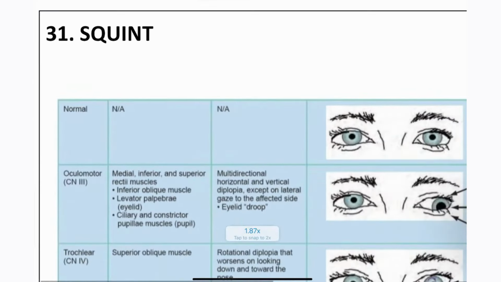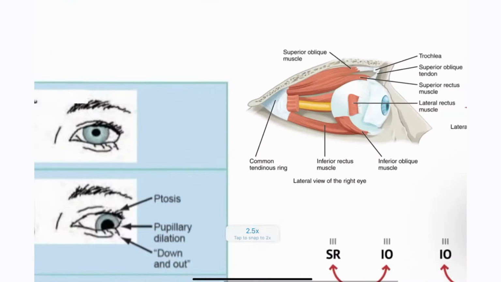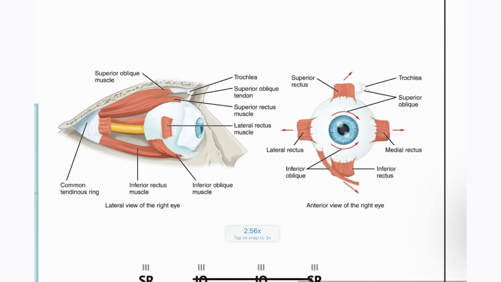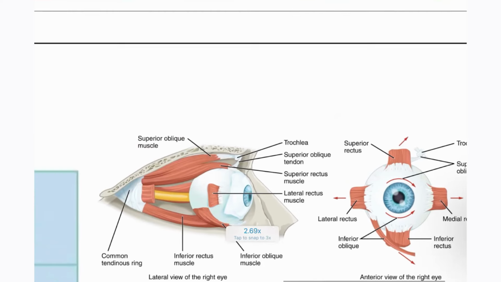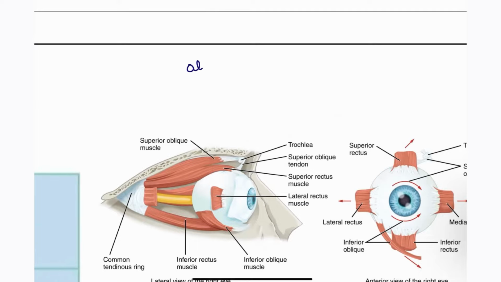Next, moving on to squint. In squint, you have to take note of the important points about the extraocular muscles. What are the extraocular muscles and what are their innervations? There is a simple mnemonic: all extraocular muscles are supplied by the third cranial nerve except LR6 SO4.